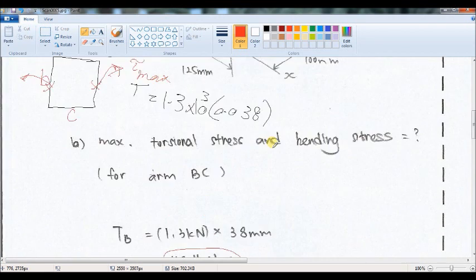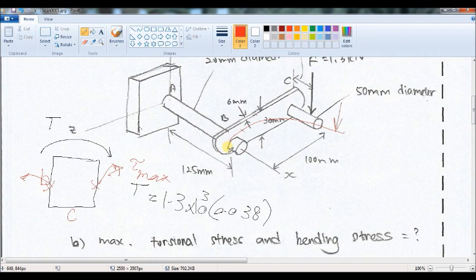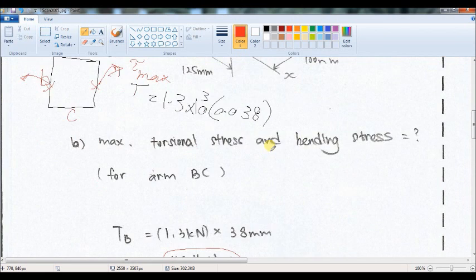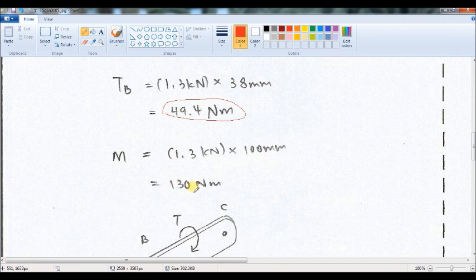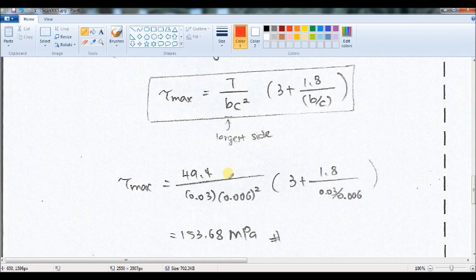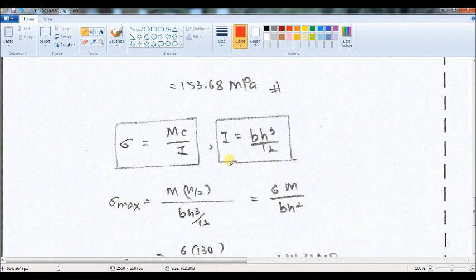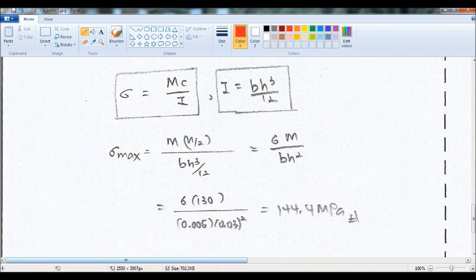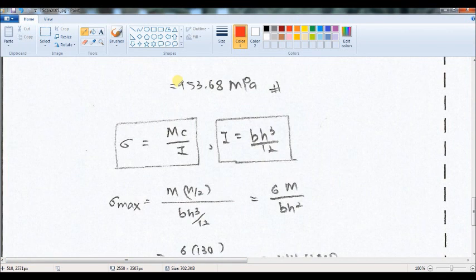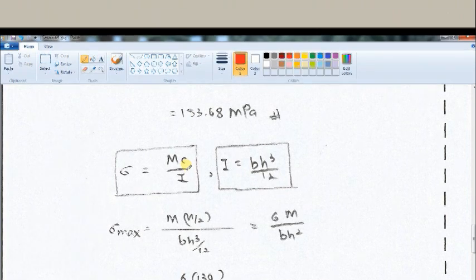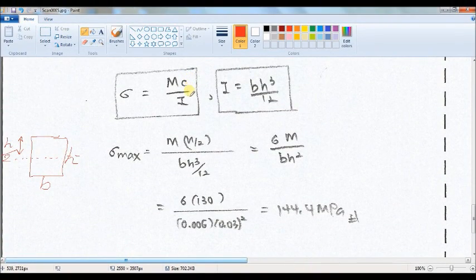Okay, as I mentioned earlier, the arm BC will bend due to this load and moment of 130 Newton meter. To find the axial stress due to the moment, we have to use this equation, in which M is the value of the moment, c is the distance of the desired location to the neutral axis of the cross section.